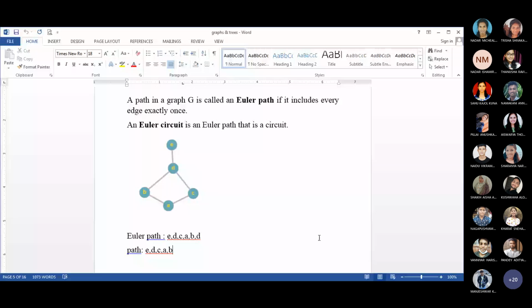That means you can say every Euler path is a path, but every path will not be a Euler path. Okay, I hope you are getting.